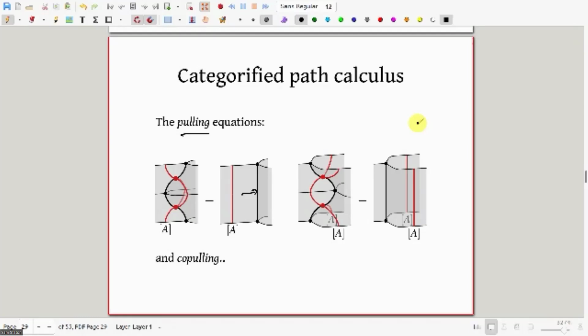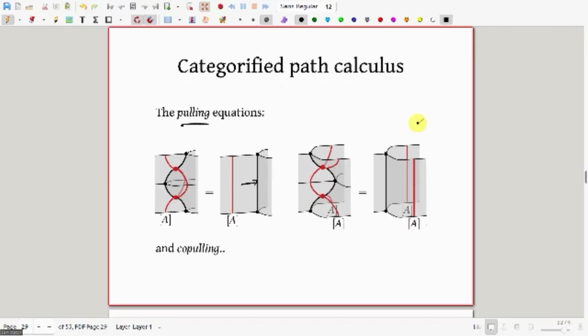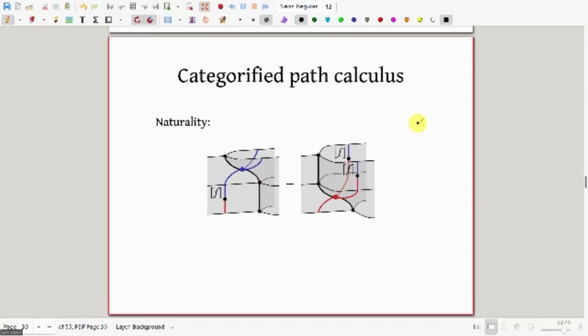Could be called pushing, but we're category heroes, so we just do co whenever we can. And this thing is natural, so we can pull this guy up onto the two sheets like that.